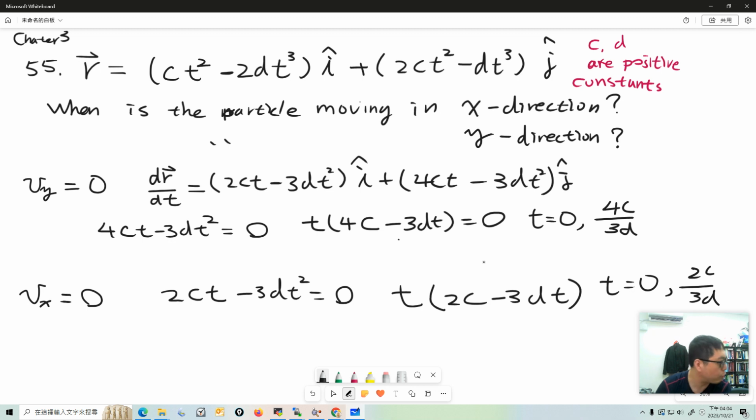Let me check, did I write something wrong? This is 6dt squared, sorry, this is 6. I should use the eraser.